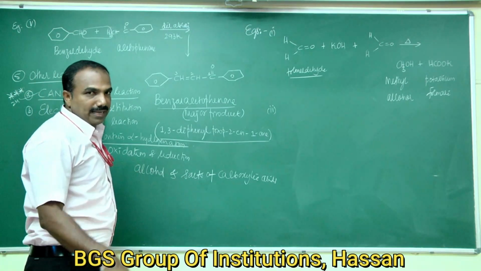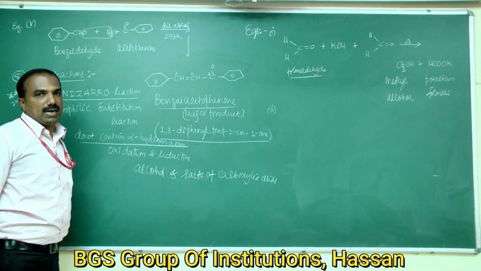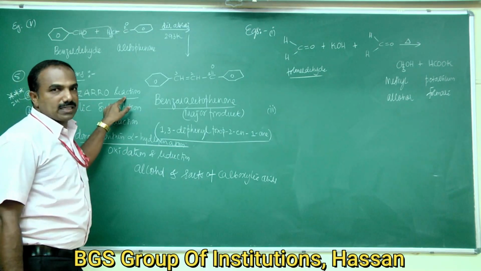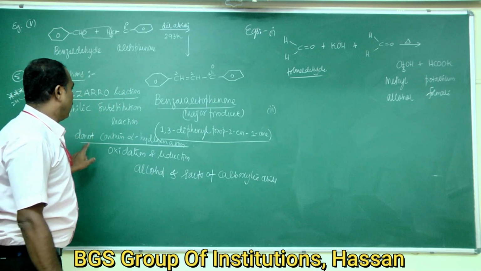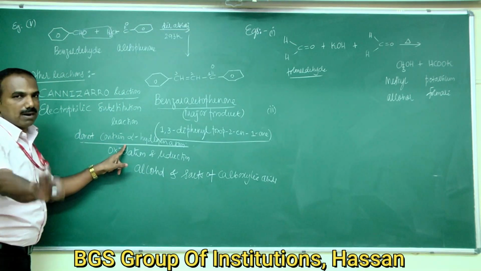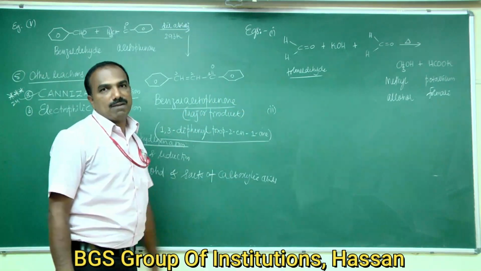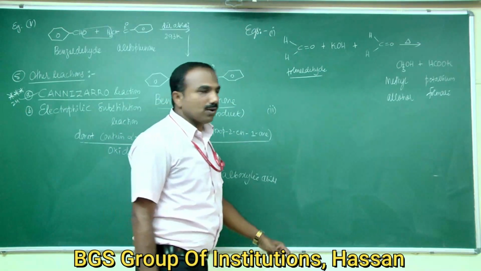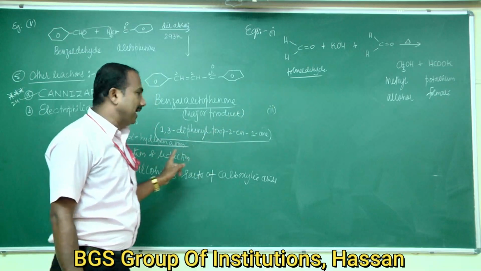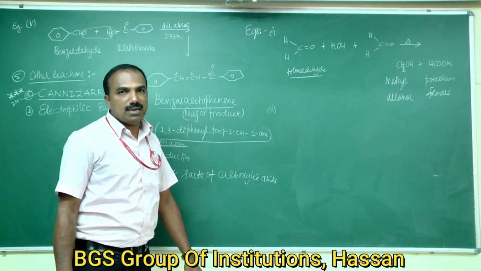You should write: because acetaldehyde contains alpha hydrogen atom. And if asked why formaldehyde undergoes Cannizzaro reaction, write: formaldehyde does not contain alpha hydrogen atom. Only formaldehyde as well as benzaldehyde undergo Cannizzaro reaction because they do not contain alpha hydrogen atoms.